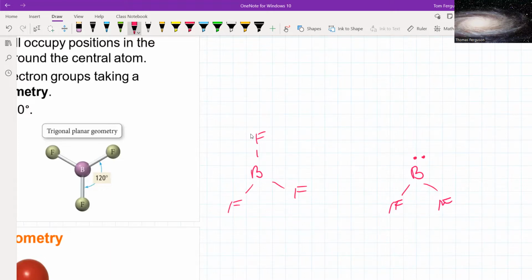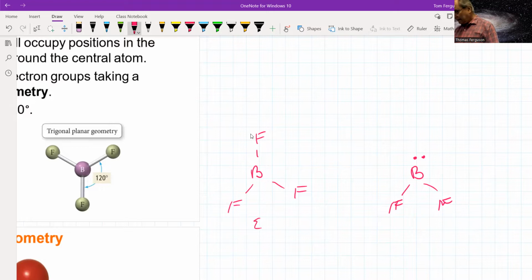So the electronic geometry is again trigonal planar. How many bonding do we have here? 2. How many non-bonding? 1. So when we have 1 non-bonding and 2 bonding, that's called bent, similar to water.